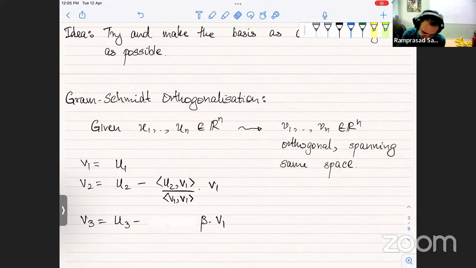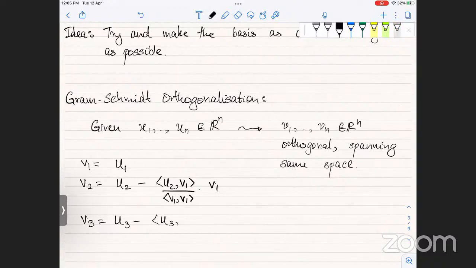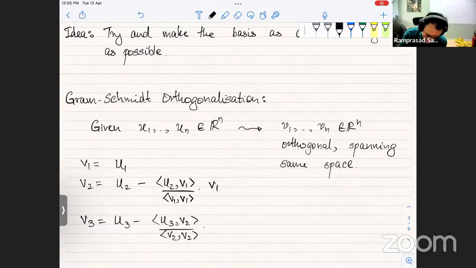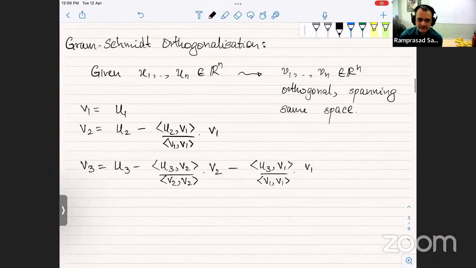This will tell you that V3 is U3 minus U3 dot V2 by V2 dot V2 times V2, minus U3 dot V1 by V1 dot V1 times V1. If you just repeat this process, this is exactly what you are going to end up getting. Are there any questions so far in general?